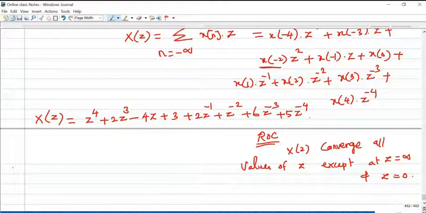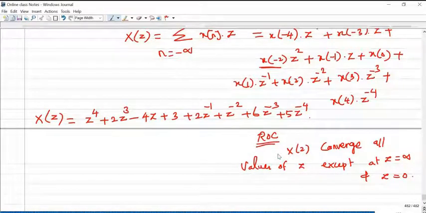Okay. If a double-sided signal is given, the region of convergence covers all values of z except z equal to infinity and z equal to 0. Suppose only a positive sequence is given, then we have to mention it converges for all values of z except at z equal to 0.